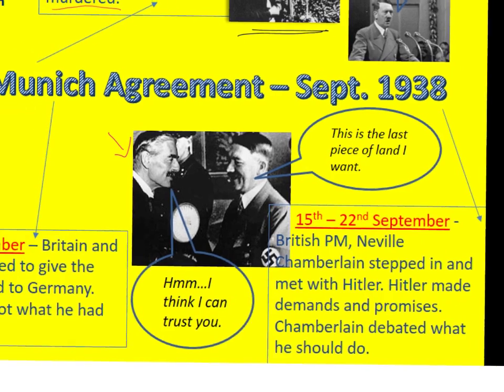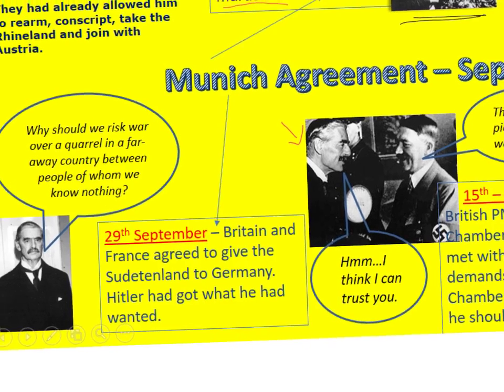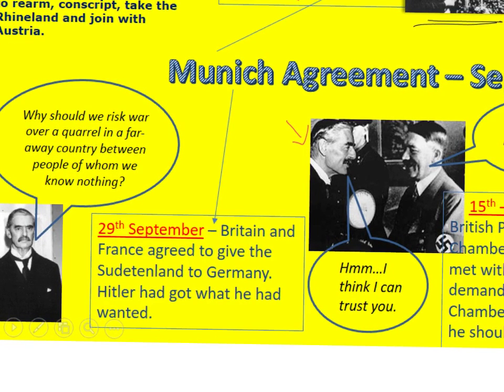And eventually, after much umming and ahhing, on the 29th of September, Britain and France agreed to give the Sudetenland to Germany. Now, you've got to remember that Benes, who was the leader of Czechoslovakia at the time, was completely against this, as you would imagine.